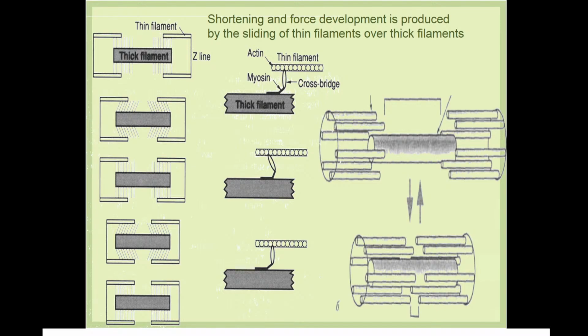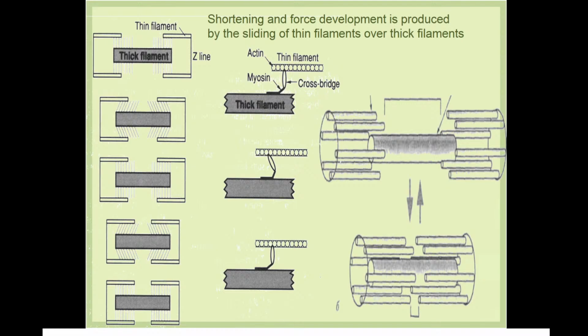The thin filaments are drawn to the center of the sarcomere by the repetitive cycling of cross bridges. Each time an attached cross bridge bends, it generates a force that pulls the Z line toward the center of the sarcomere, as I said already.